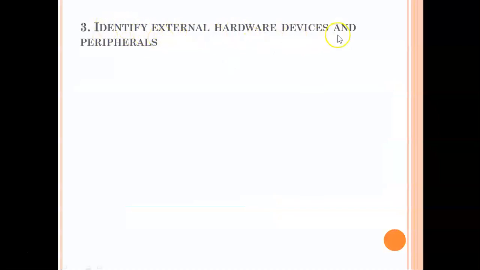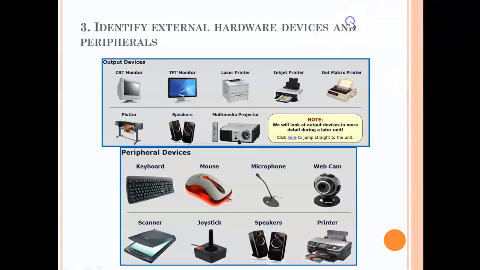Identify external hardware devices and peripherals. External hardware devices are those outside of your computer, not inside your computer tower. Some examples: your monitor, printers, speakers, a projector, your keyboard, mouse, and microphone. All of these devices are not inside the tower of your computer, but on the outside.